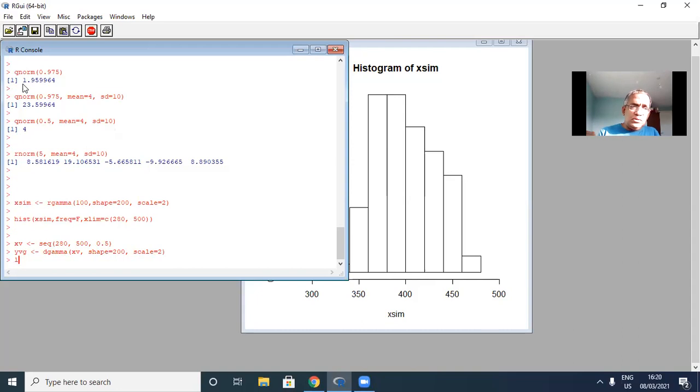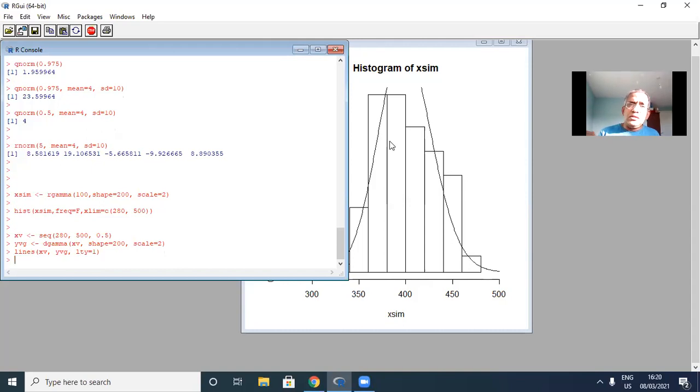And then you do a lines plot at xv, yvg with line type equal to 1, and this is what you will get.